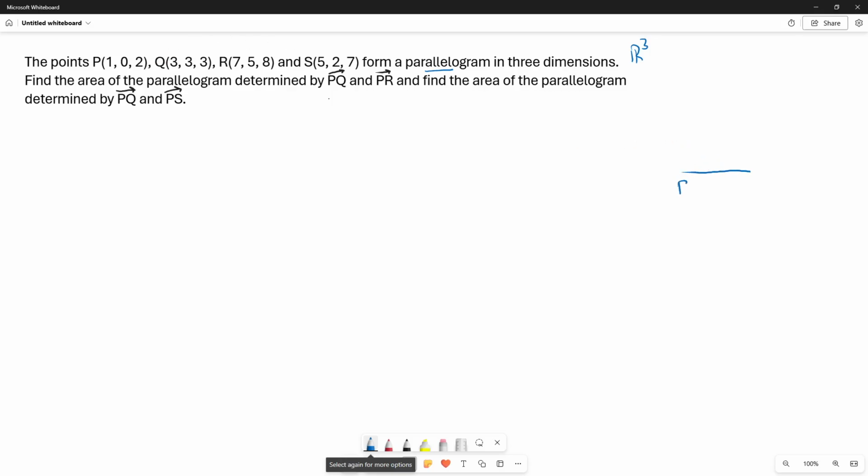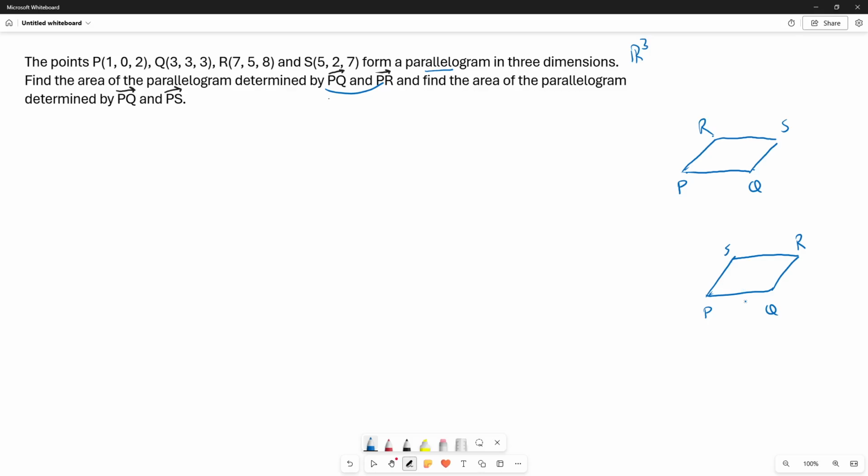So for example, this could be PQ, and we could have RS like that, and so the parallelogram could be generated by the vectors PQ and PR, or maybe R and S are switched, so we could have PQ and then SR, and so then PQ and PS would generate the parallelogram.